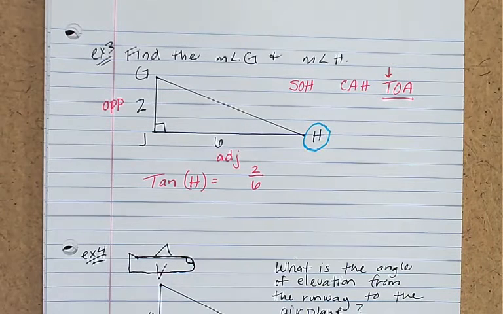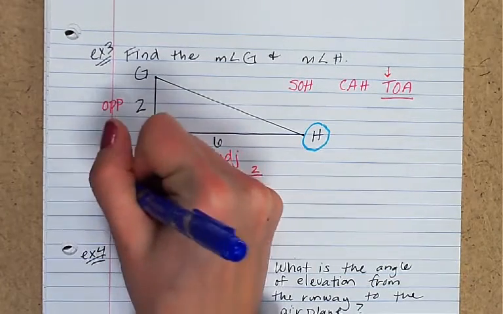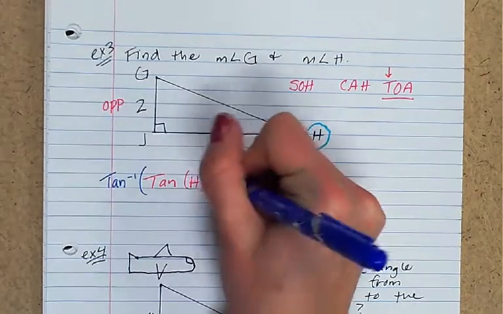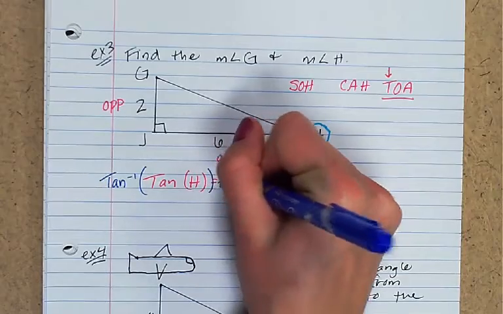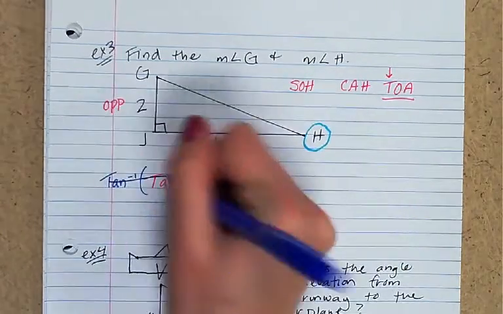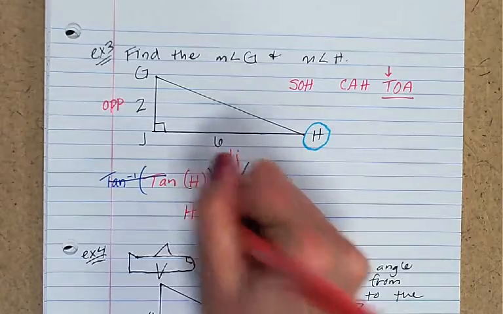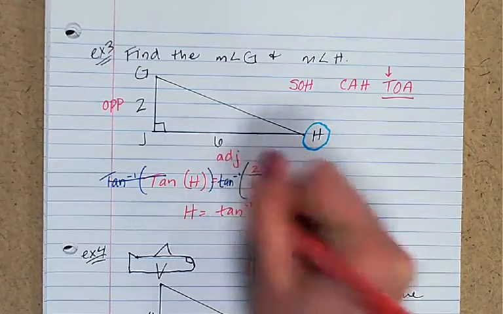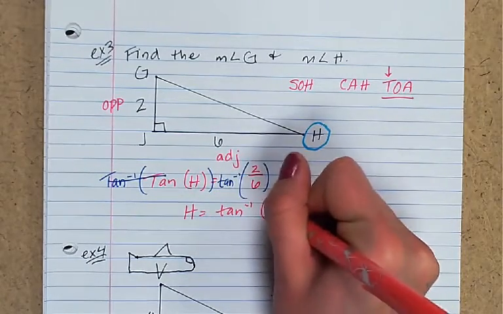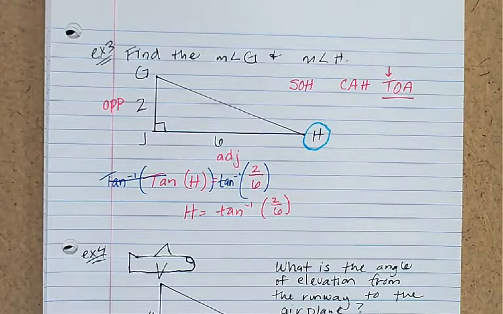To get H by itself, we have to undo tangent, and the way we do that is using tangent inverse. Those cancel, and I'm left with H equals, again, you can simplify if you want. I'm not going to, just so you don't get confused.